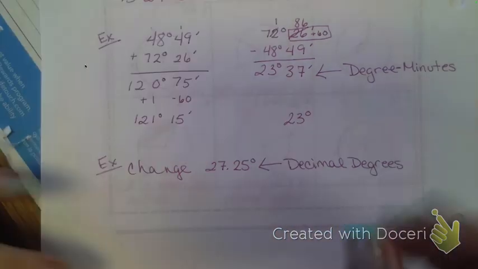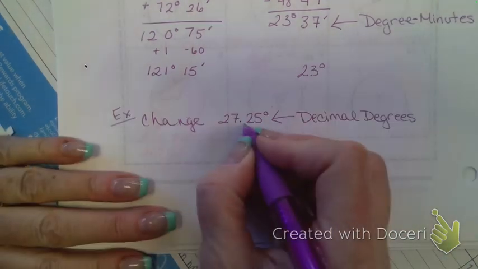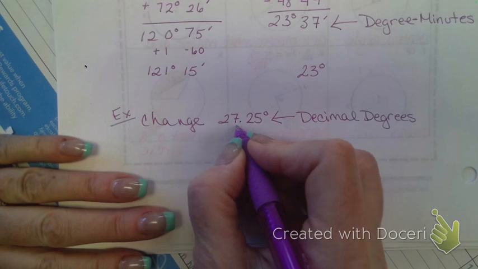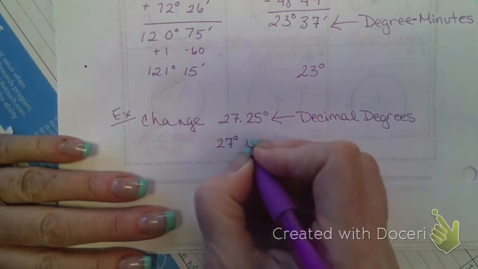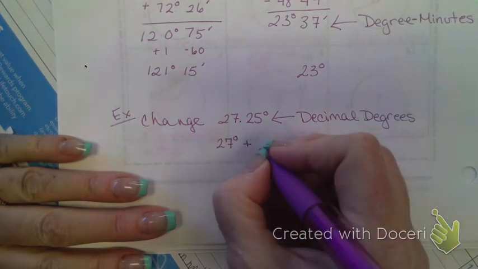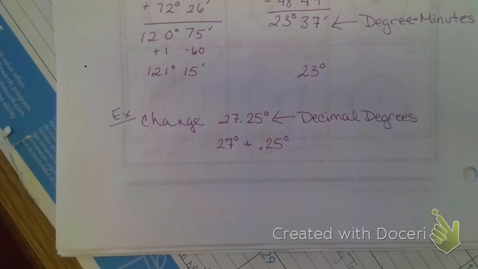Okay. So what this says is 27 whole degrees, correct? Plus 0.25 of a degree. That's what that says, yes? So I'm not going to mess with the whole degrees.